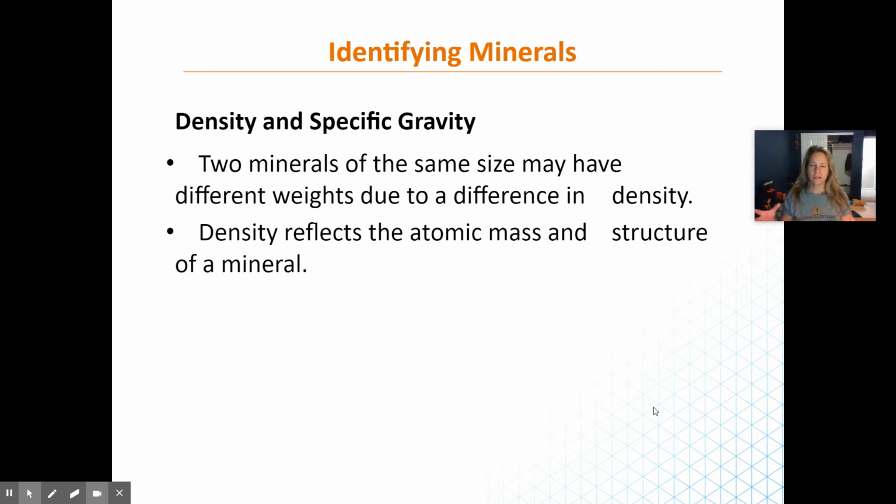It's got lots of weight, grams, packed into a small volume. So it has a greater density. Whereas something like pumice, which actually floats on water, is going to have a really low density. So it doesn't weigh very much for the amount of space it takes up. So the more tightly packed the molecules are, the more dense it is. And like I said before, mass divided by volume is the equation for that.